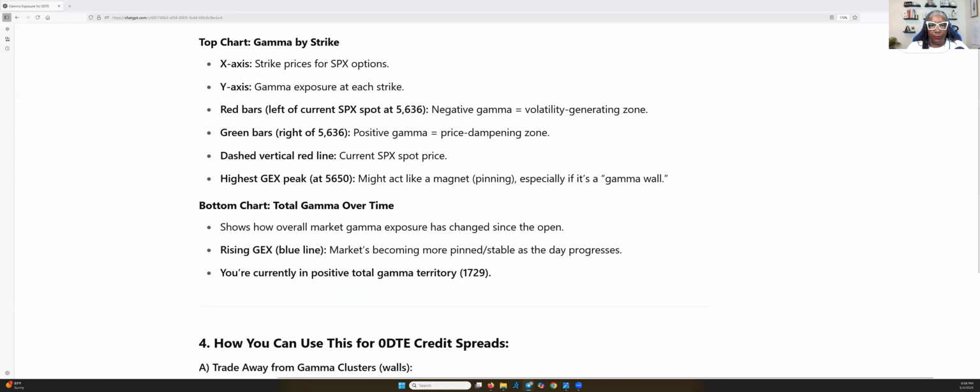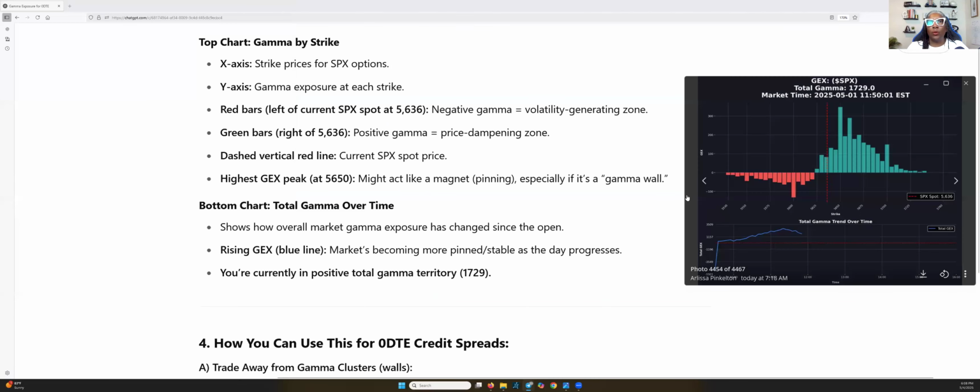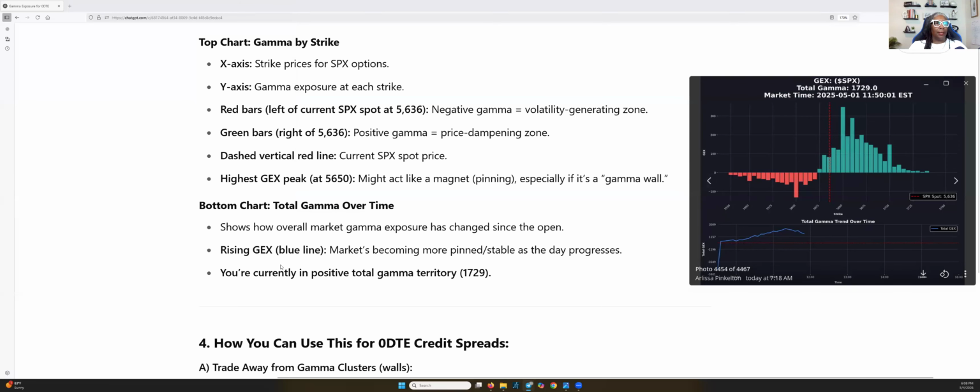I'll minimize this and bring this one over. That way we'll know what we're talking about when I'm talking about the bottom line, this total gamma. This is the line at the bottom that I'm talking about.